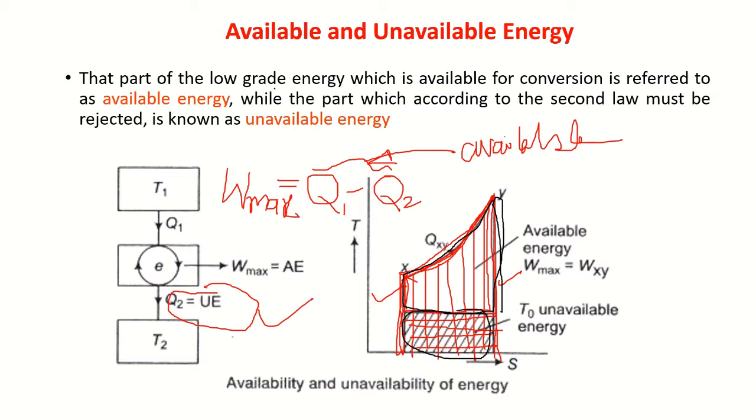So that part of the low grade energy, heat is a low grade energy, which is available for conversion into work is referred to as available energy, while the part which according to the second law must be rejected is known as unavailable energy.